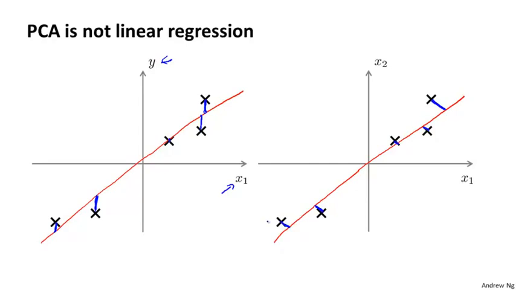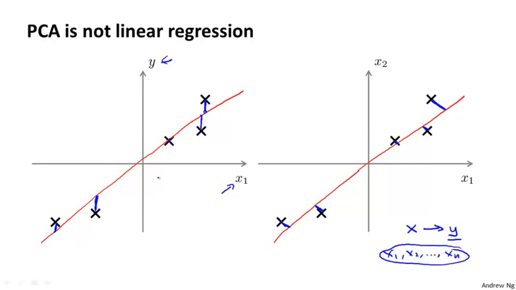More generally, when you're doing linear regression, there is this distinguished variable y that we're trying to predict. All that linear regression is about is taking all the values of x and using that to predict y. Whereas in PCA, there is no special variable y that we're trying to predict. Instead we have a list of features, x1, x2, and so on up to xn, and all of these features are treated equally. So no one of them is special.